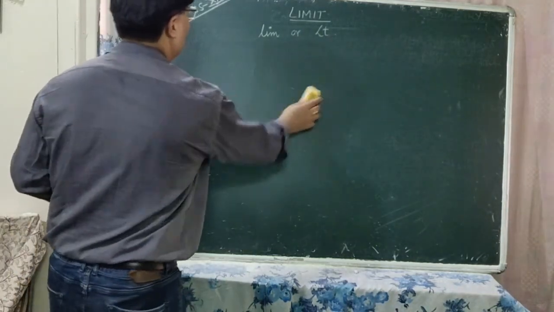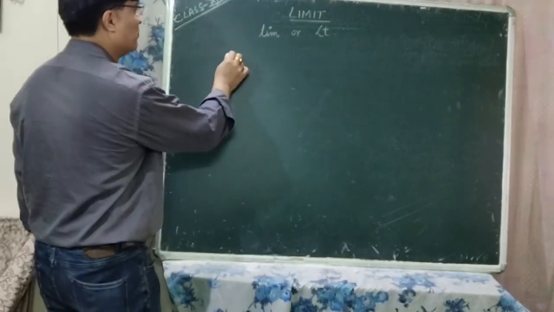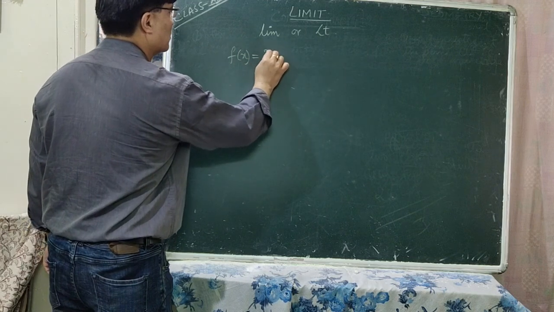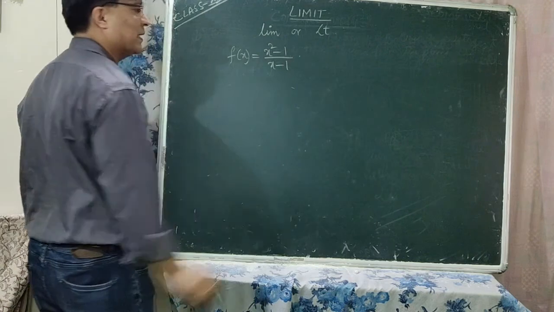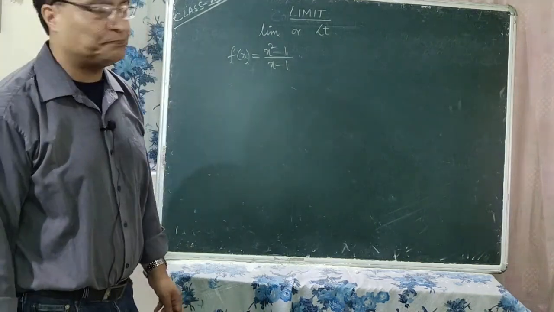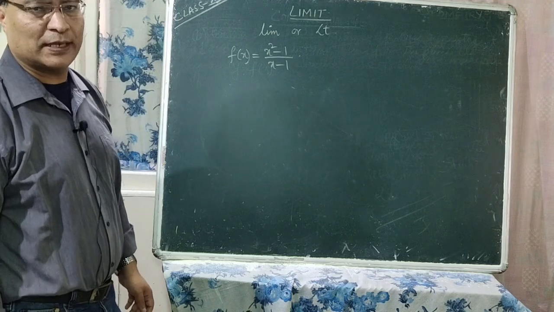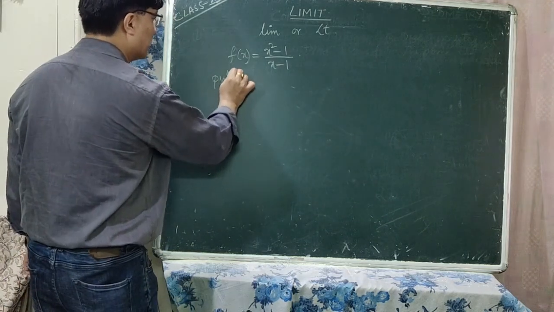Now let us take an example of a function. Suppose f of x is equal to x square minus 1 divided by x minus 1. You can give any real values of x here. Suppose we put x is equal to 1.